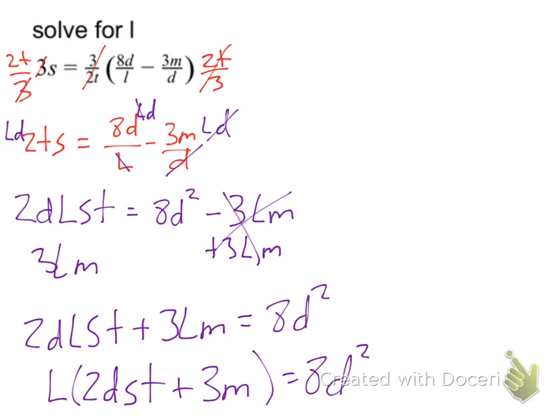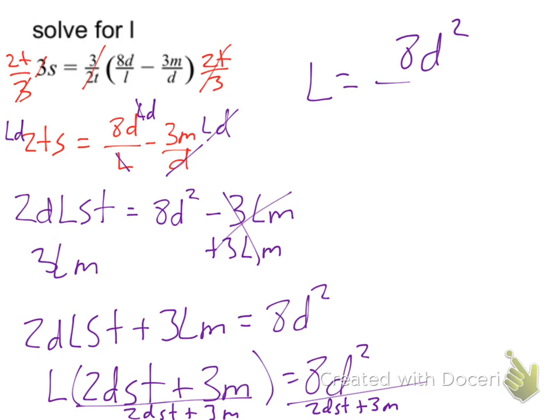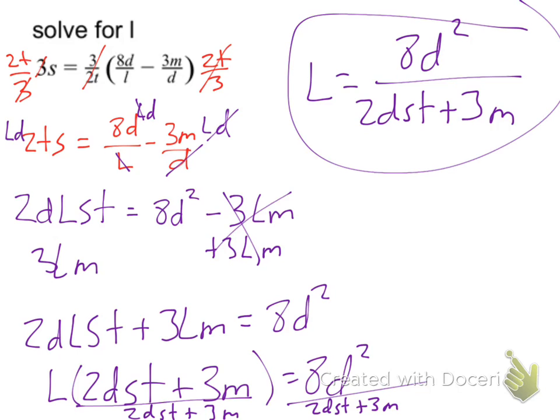And to get L by itself, the last step is divide both sides by the thing inside that parentheses, 2DST plus 3M. So L equals 8D squared over 2DST plus 3M. Boom, it's done.